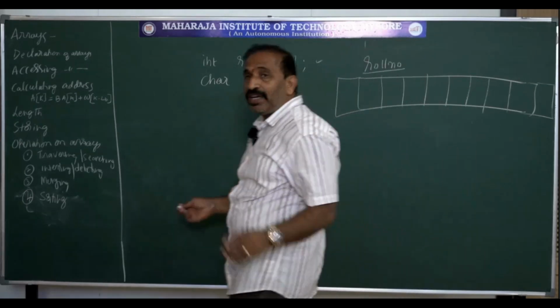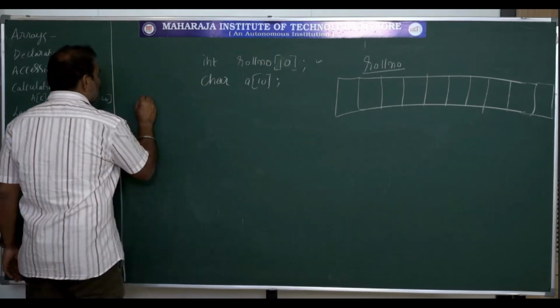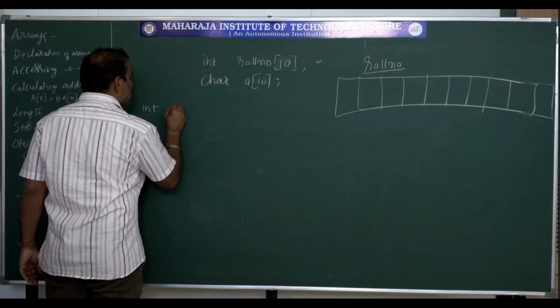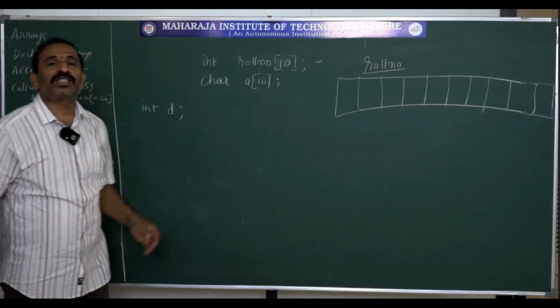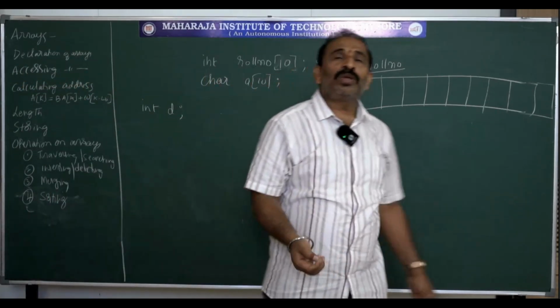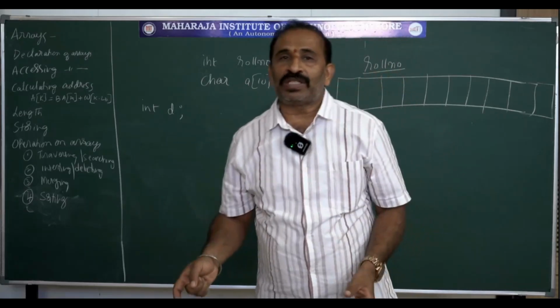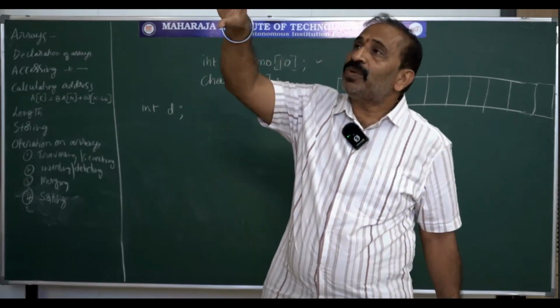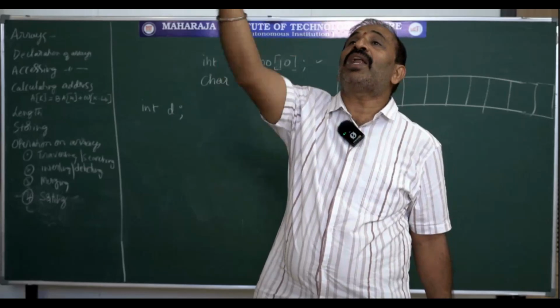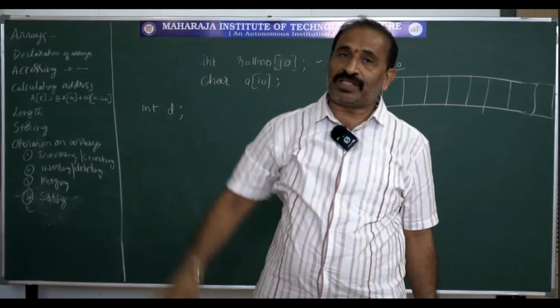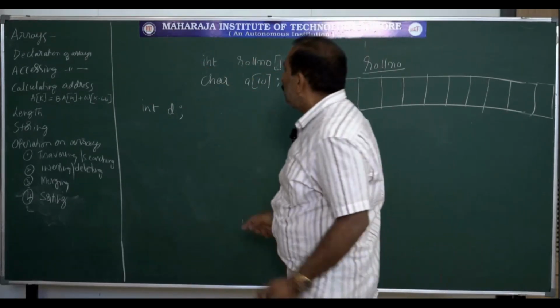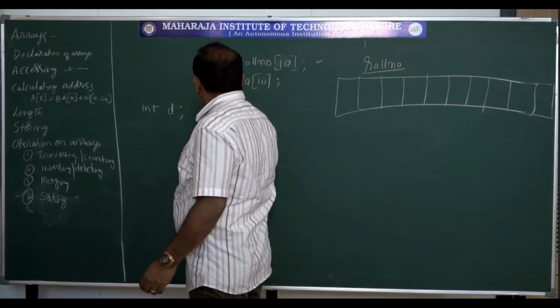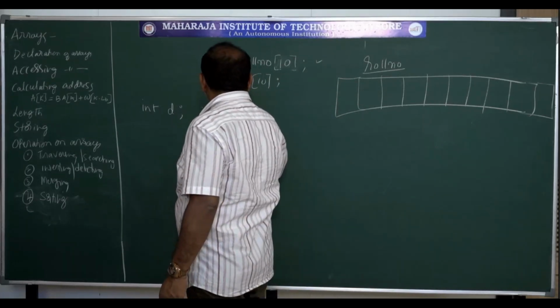Even in our conventional declaration, if I have declared integer d, how does the computer work? When you do the compilation process, some bytes will be allocated to variables. How many bytes? For integer, it is 2 bytes.